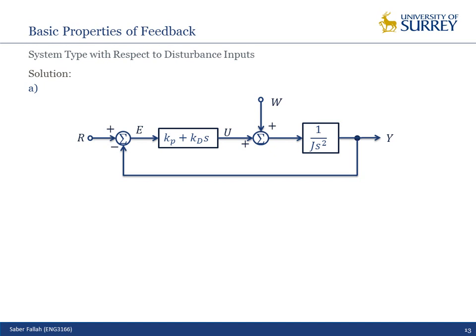From this block diagram, quickly, tell me what's the system type of this system from output to reference. What? Unity? No, the system type. System type is 0, 1, 2, 3, 4. Any idea? 0, 2, 1. 2.